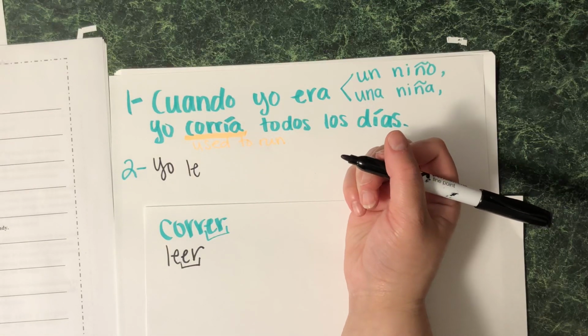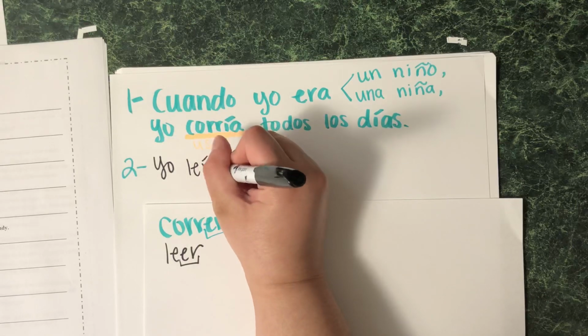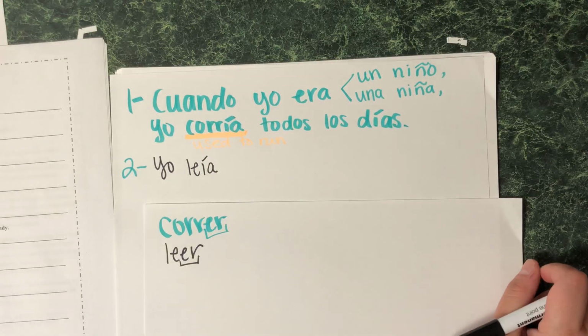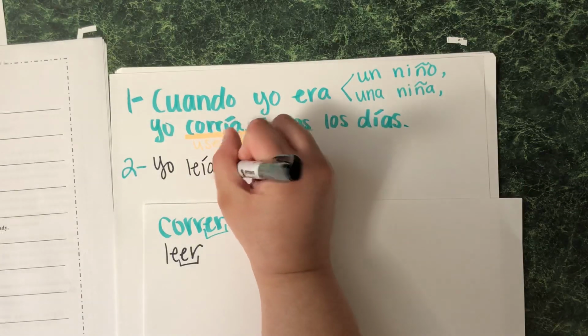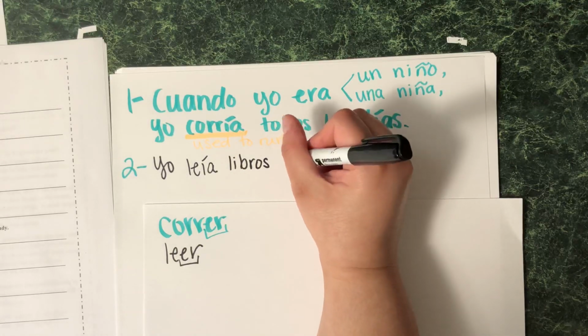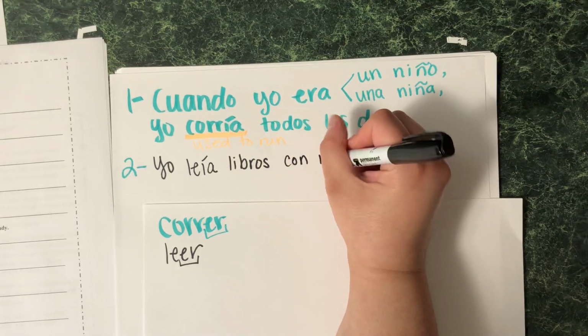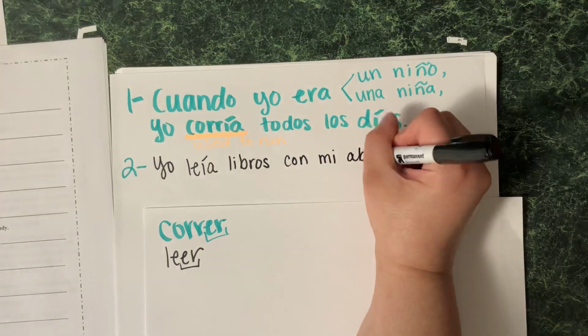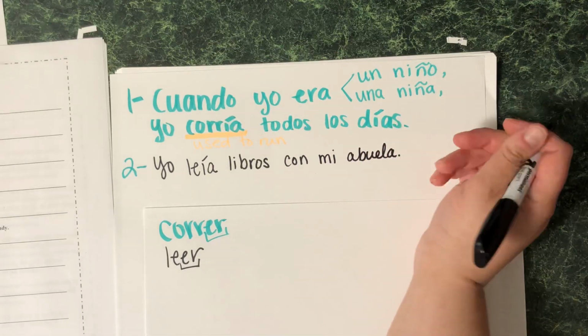It's going to be ía. Yo leía. Leía means used to read. I used to read. And then books. Libros, more than one book, make it plural. With, con, my grandma, mi abuela.